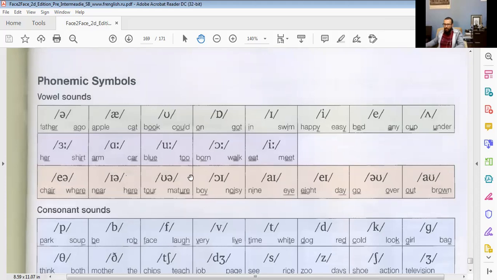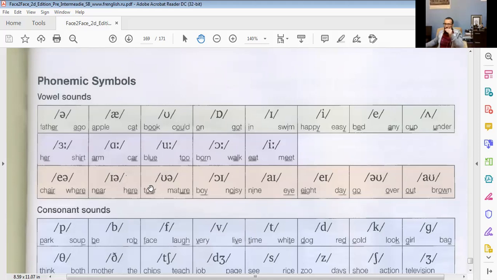Can you see that? If you notice, all of them have two parts, two sounds. Can you notice it? Yes. And all of them change. So they start somewhere and they move. You move your vowel sound. So chair, near. There's an opening.